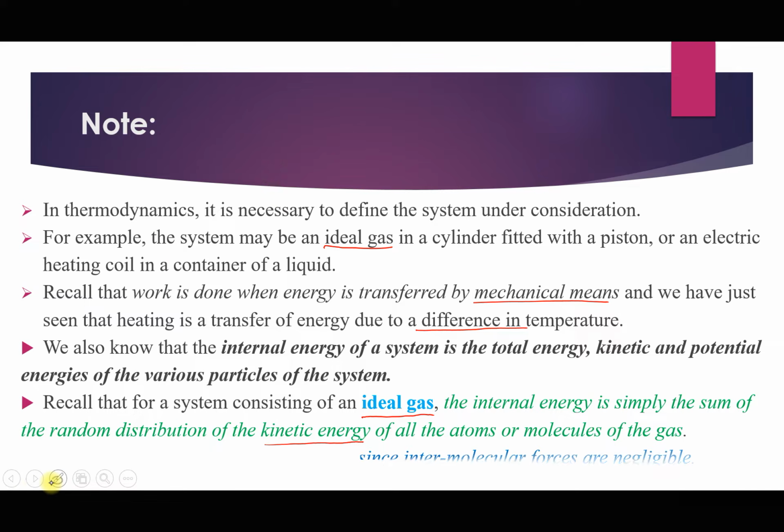Because there is no potential energy, since the intermolecular forces between the molecules are negligible. So before you use the first law of thermodynamics, you should have these concepts at your fingertips. If you are dealing with an ideal gas, which is the system that you have defined, just remember that the internal energy of an ideal gas only depends on the kinetic energy of all the molecules which make up the system.